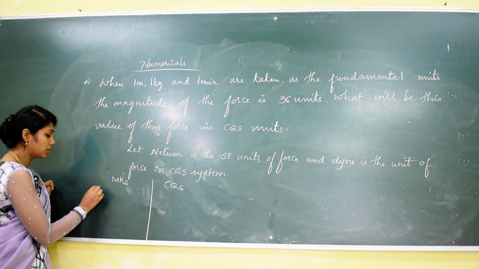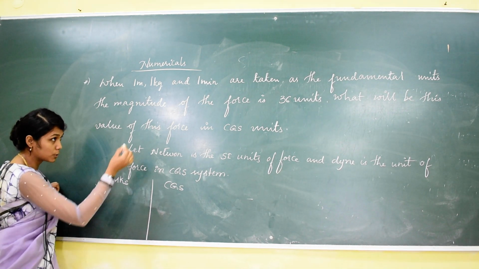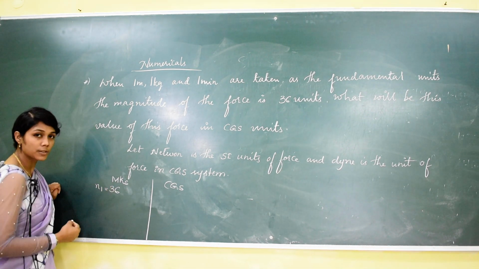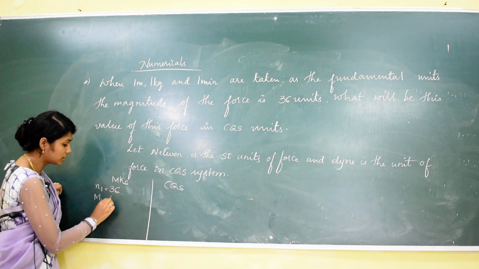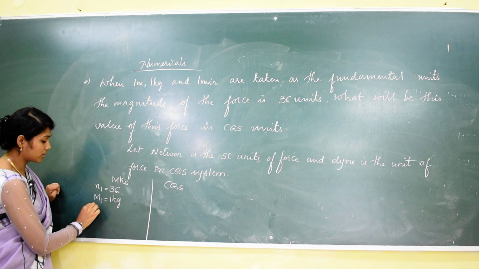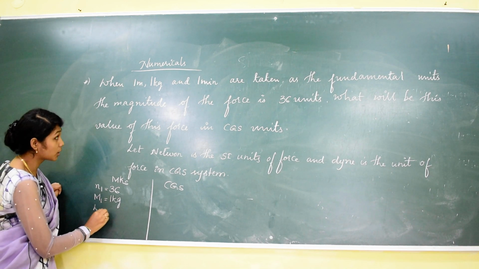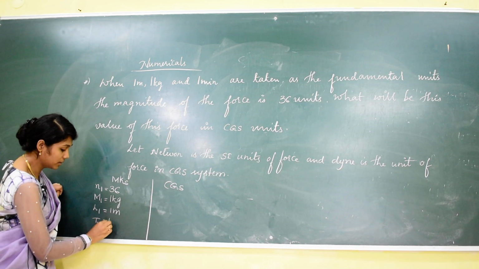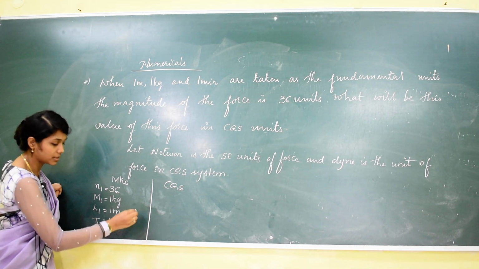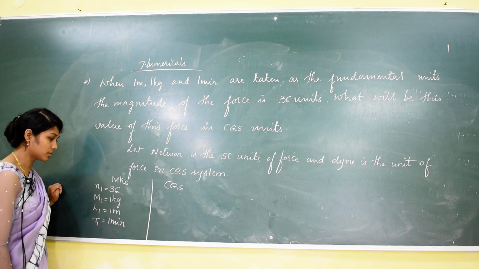In the MK system we have n1 equals 36, M1 is 1 kg, L1 is 1 meter, and time T1 is given in terms of minute.